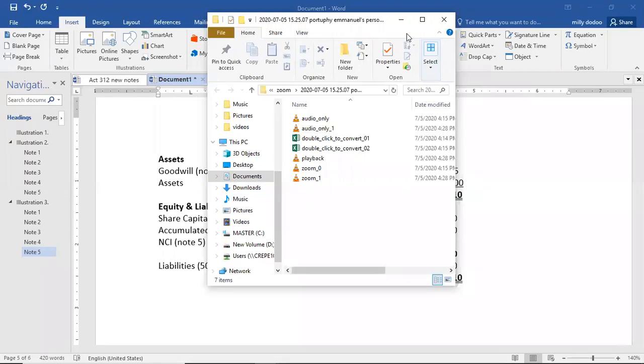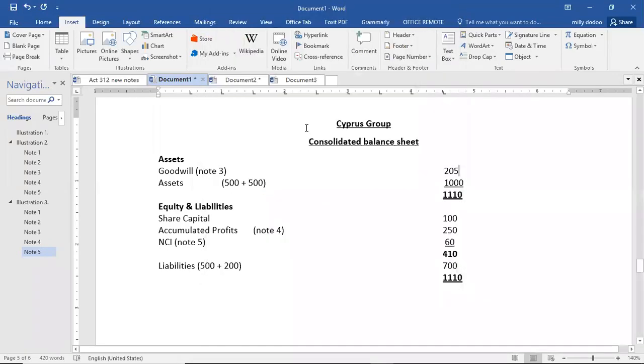So your tangible assets, you have 100 plus 250, which will give you 350.